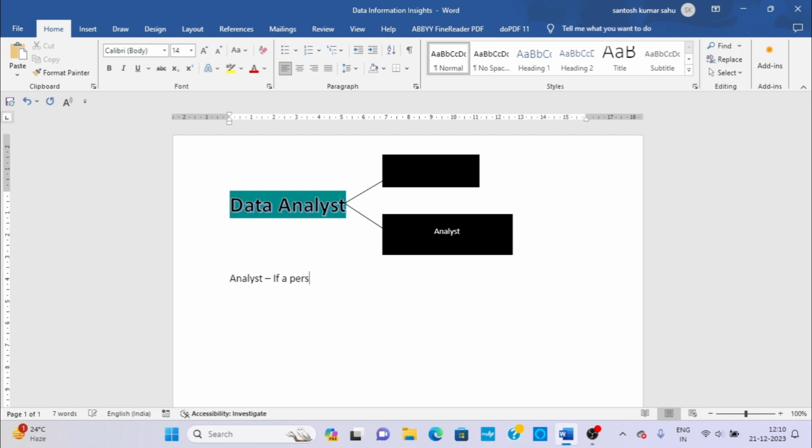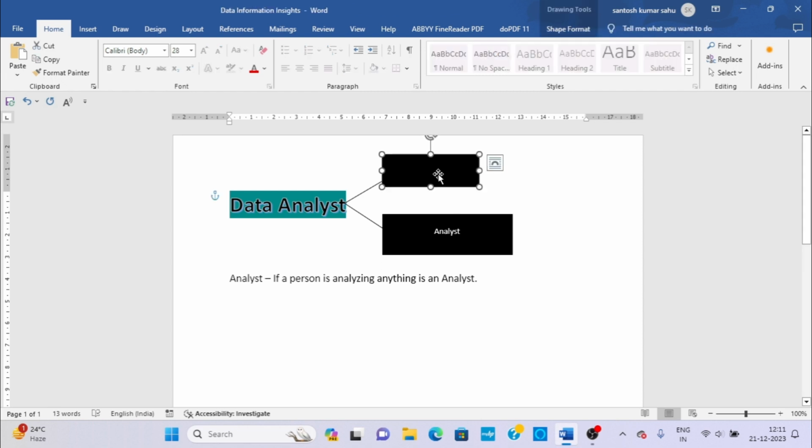In simple words I am explaining, if a person is analyzing anything, either about a person or any object, then he or she can be an analyst. Another word, what is data?